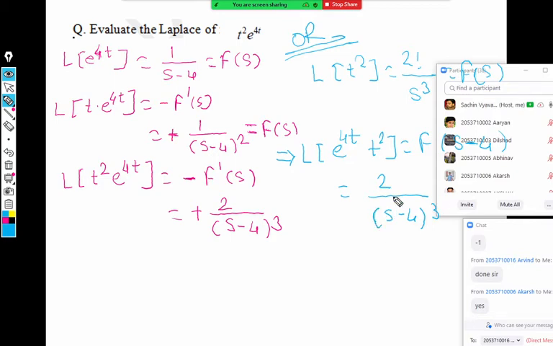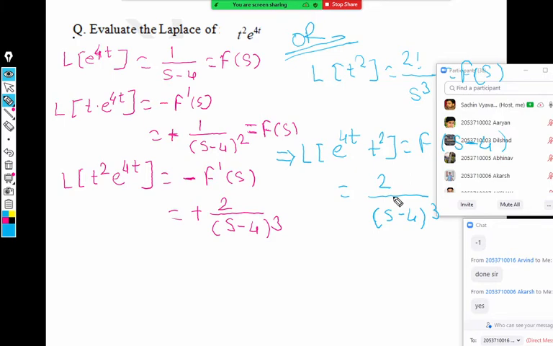So this is one important thing you should note down: one numerical of Laplace can be done by more than one method. The final answer should be the same. You can't say that because of these properties I got this answer, and because of other properties we are getting that answer. That is never possible. But there are multiple ways.